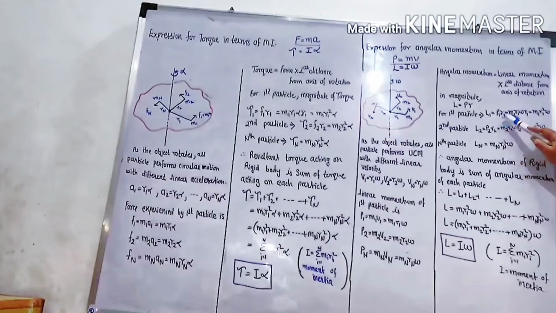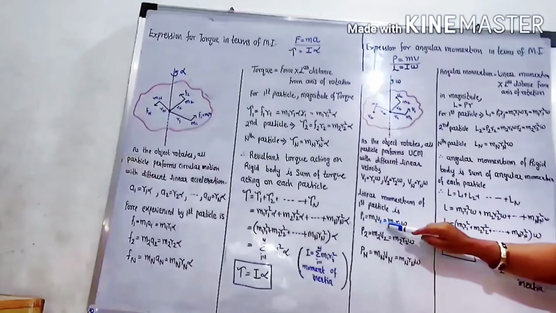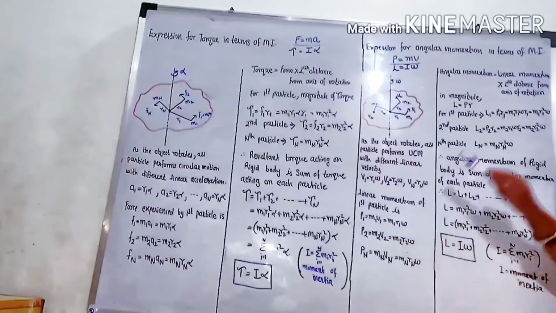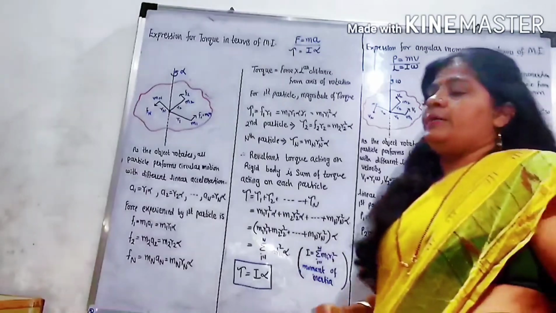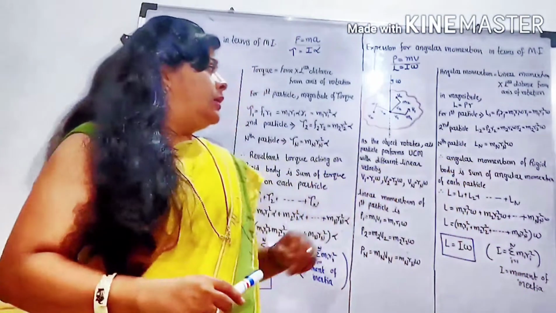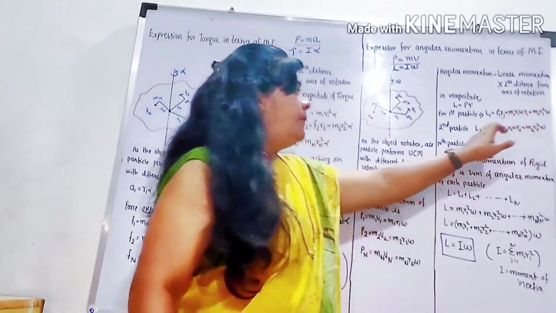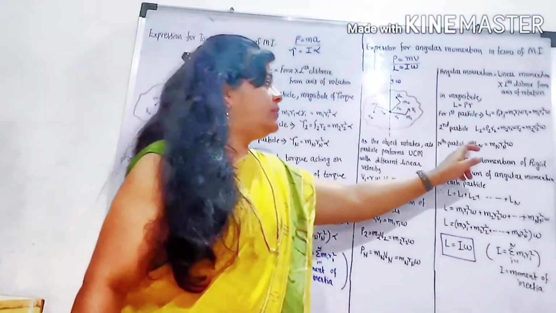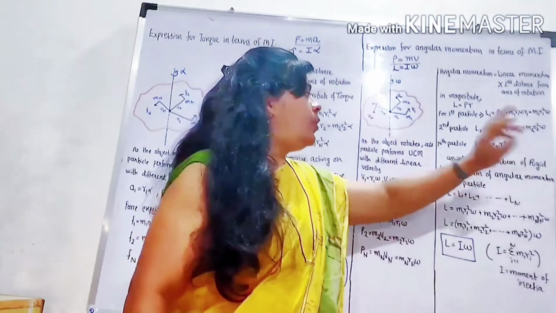Substitute the value of P1 already calculated, m1 v1, which is equal to m1 r1 omega. Substituting, m1 r1 omega into r1 gives m1 r1 square omega. For the second particle, L2 is equal to m2 r2 square omega. For the nth particle, Ln is equal to mn rn square omega.